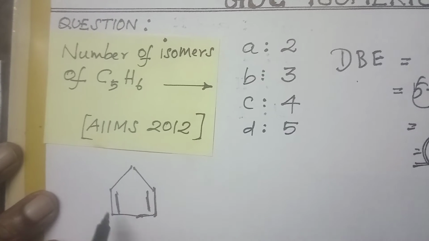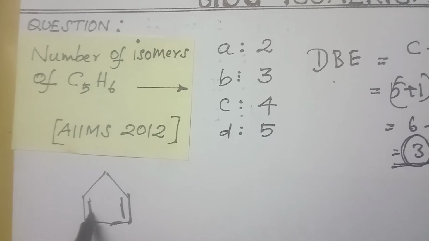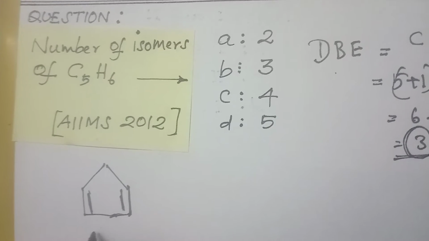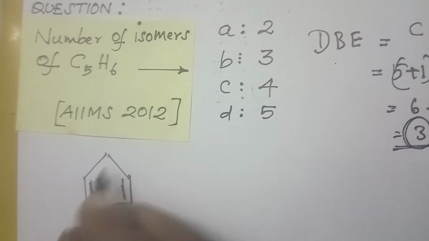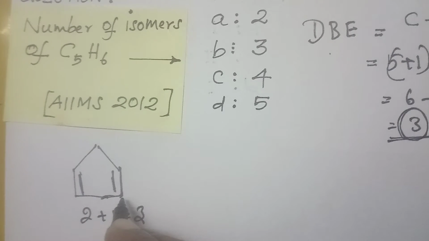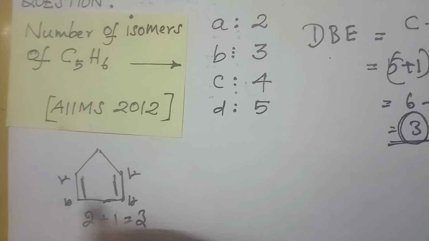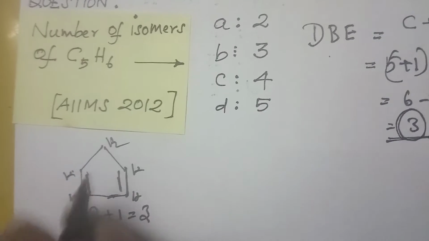The important point is that each double bond is 1 unsaturation, so 2 double bonds, and the ring is 1 more unsaturation. So 2 double bonds plus 1 ring, totally 3 unsaturation, and the carbon is 5. Counting hydrogen: 1, 1, 1, 1 and here H2, so 2, 3, 4, 5, 6. So the structure is ready.